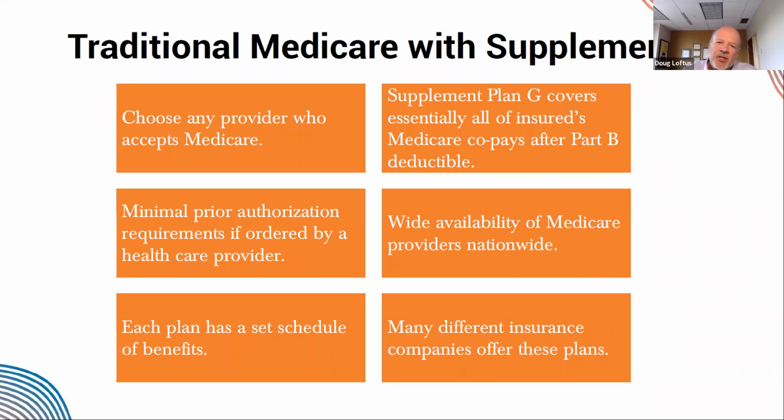Congress, in its infinite wisdom, and Medicare wanted some skin in the game by the insured, so Plan G requires that you pay the $233 out of pocket. So traditional Medicare, really for medical services, you have virtually no out of pocket under that option.